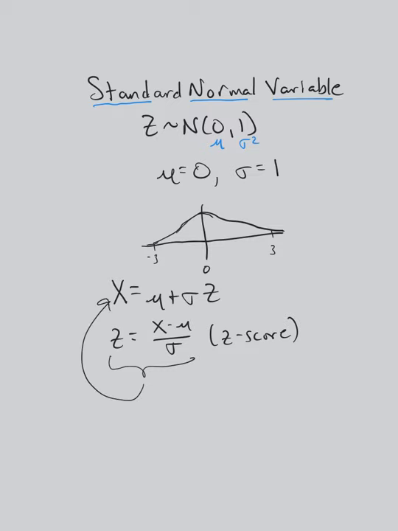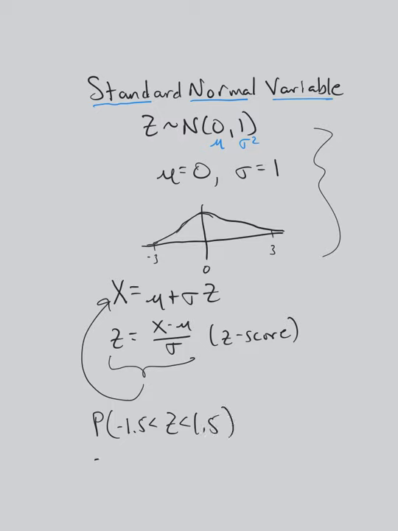We'll worry about that later, but the main thing is I want to point out the standard normal has mean 0 and standard deviation 1. So you might see a problem like this. Find the probability that z is between negative 1.5 and positive 1.5.